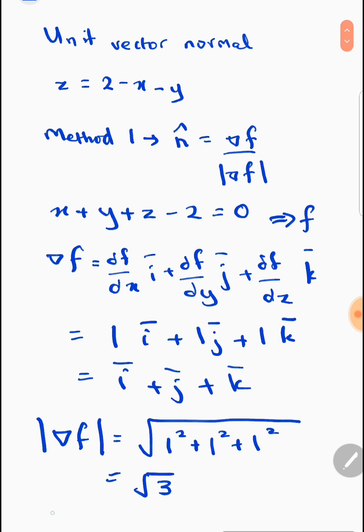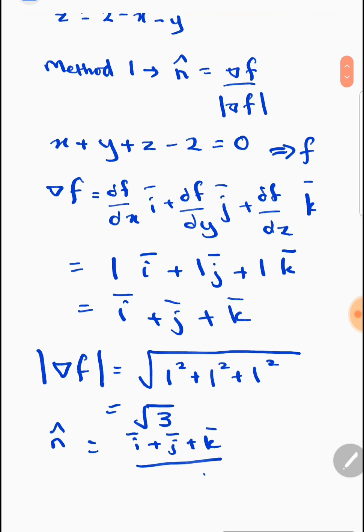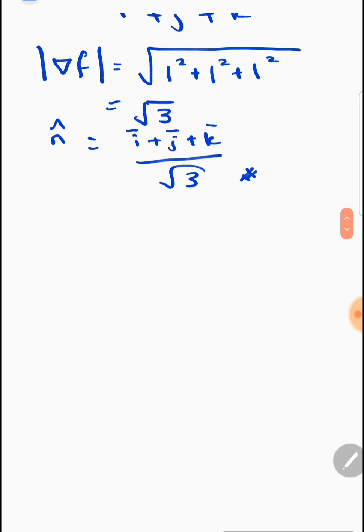Therefore my n cap, my unit vector normal, will just be i plus j plus k over square root of 3. So that's one way using method 1. Pretty easy, right?